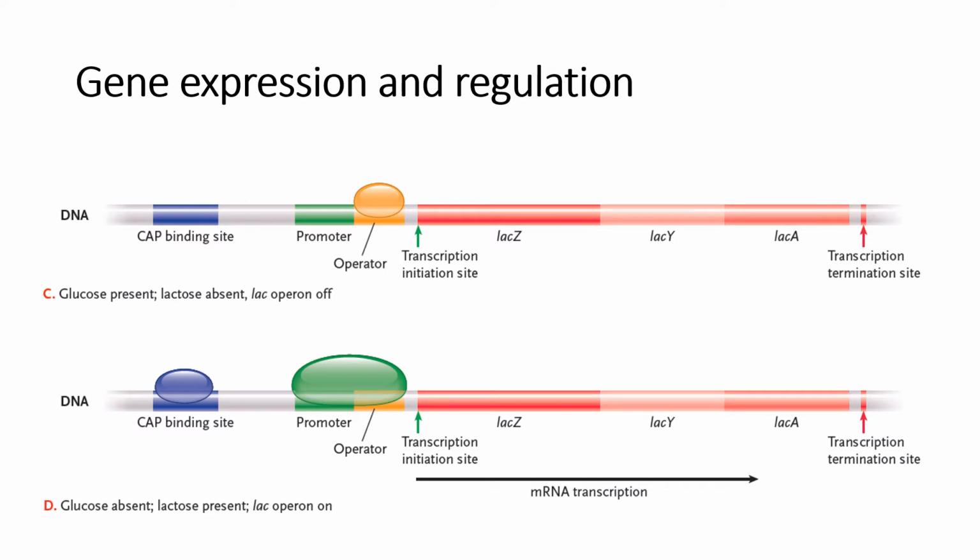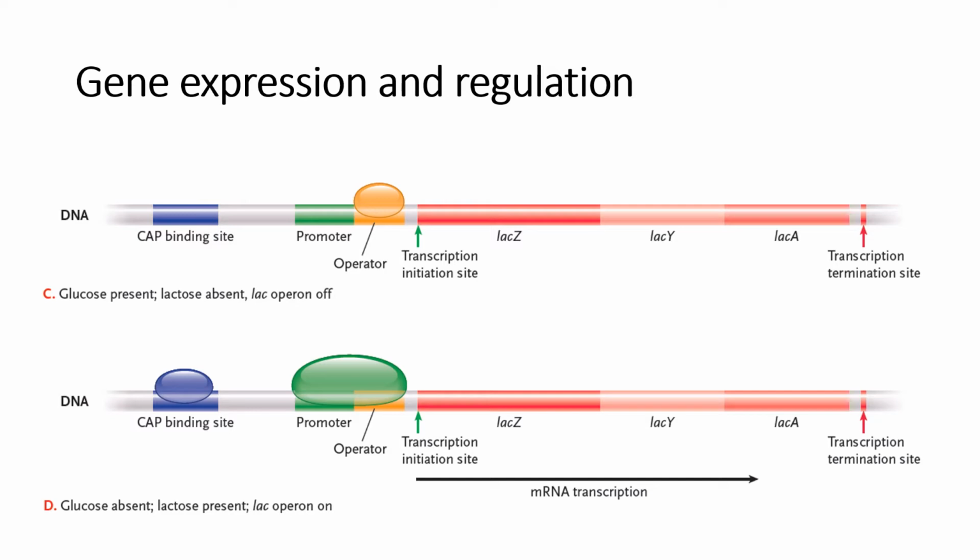And of course the RNA polymerase is going to move along and catalyze the addition of nucleoside triphosphates, catalyze dehydration synthesis, and as a result string together a strand of mRNA, one nucleotide at a time.